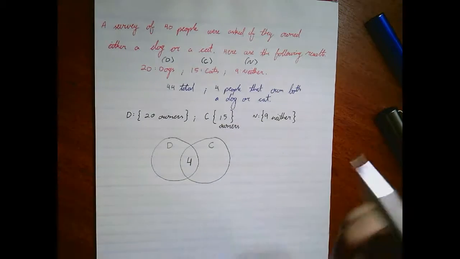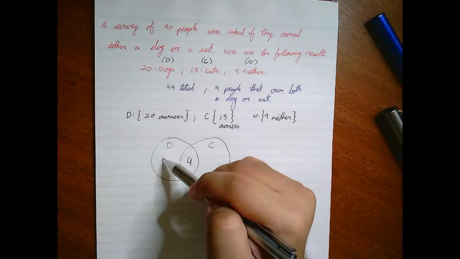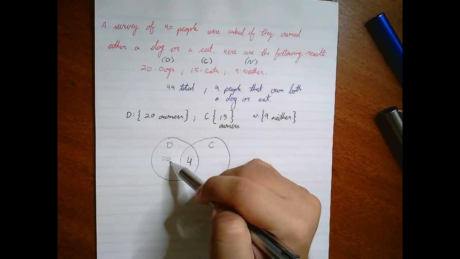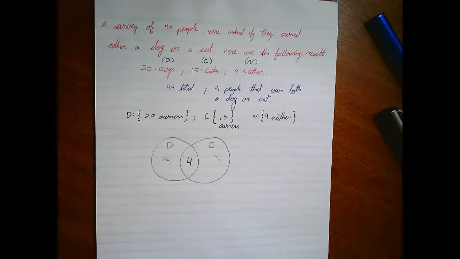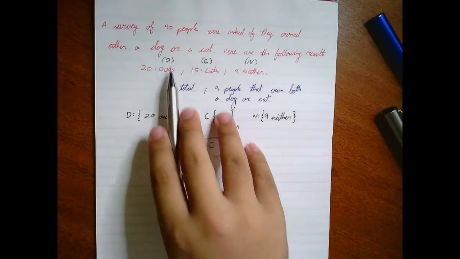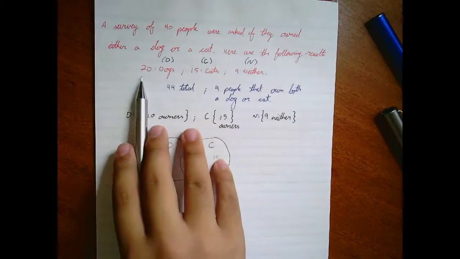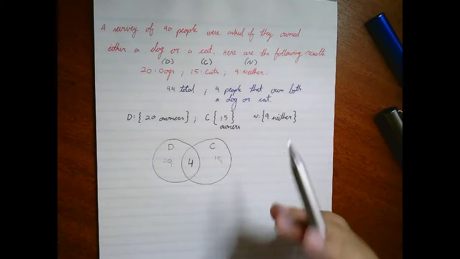But now, are we going to put 20 in this one? A little question mark there. And 15 in this one. Well, if you think about it, when we added these up, 20 plus 15 plus 9, it gave us 44.